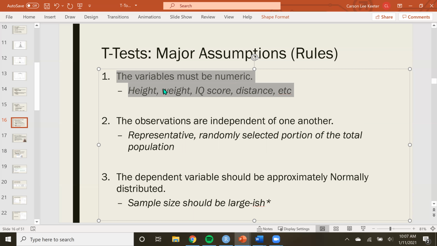Also here, by numeric, what I mean is that oftentimes we can code categorical things, like colors or whatever. We'll just stick with colors, like color of houses. We can code blue as 1 and red as 2 and yellow as 3.